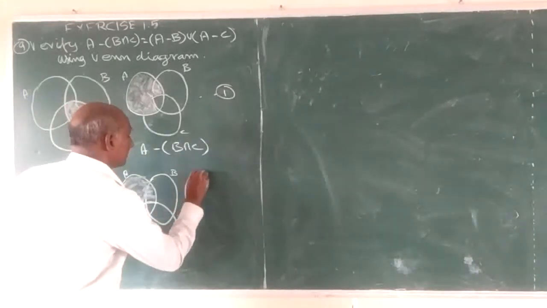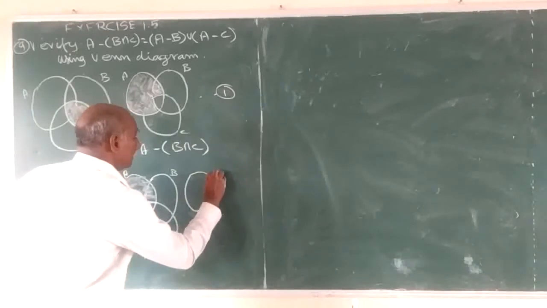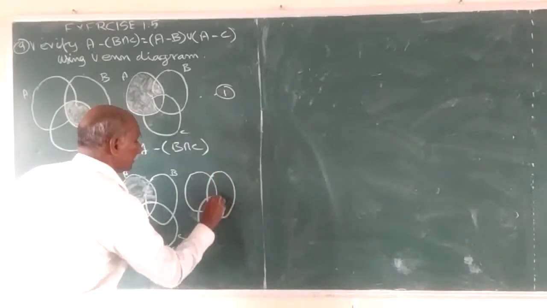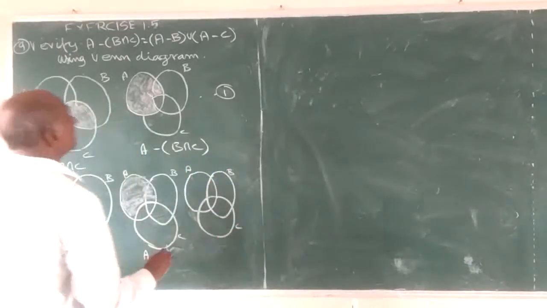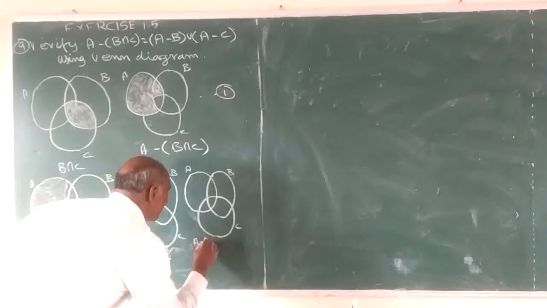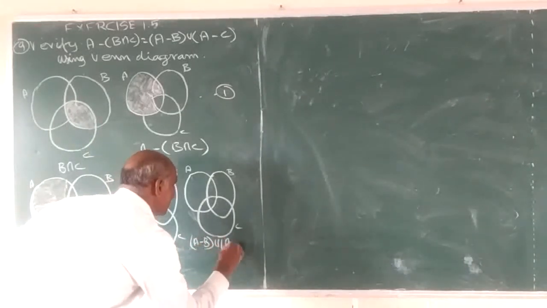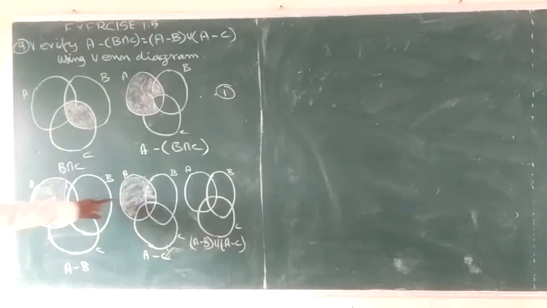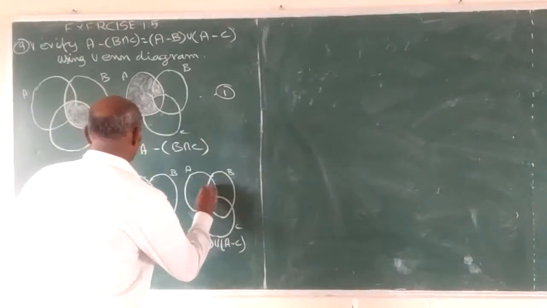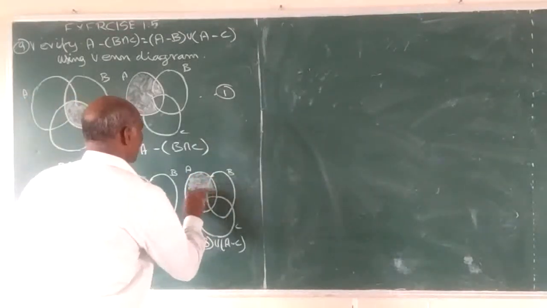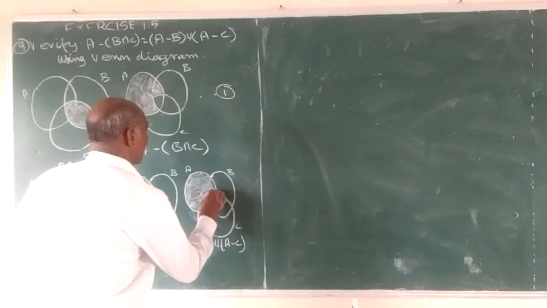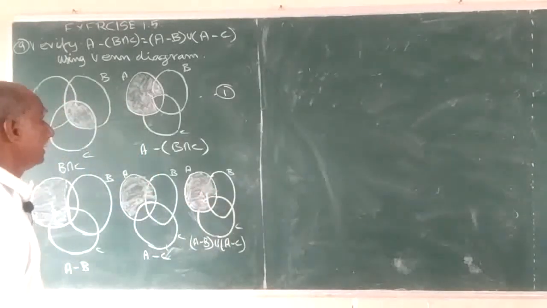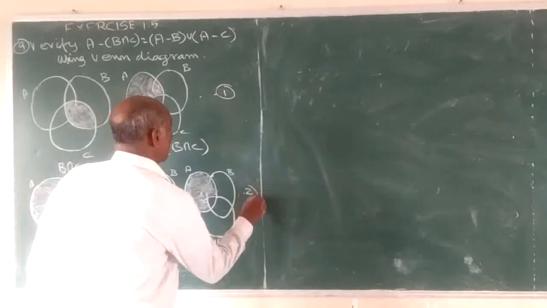Now next, draw once again A, B, C. Name them A, B, C. Here you have to find out A difference B union A difference C. That is both these two together. So it comes like this: A difference B union A difference C. This is equation number 2.